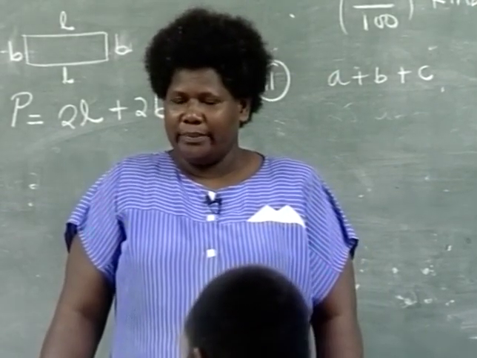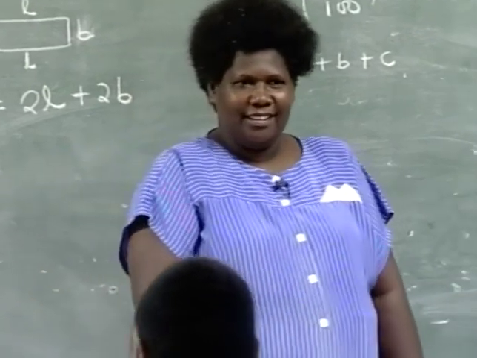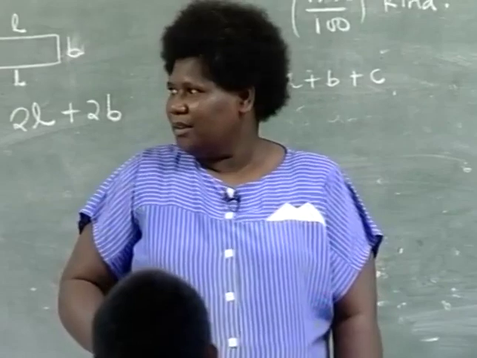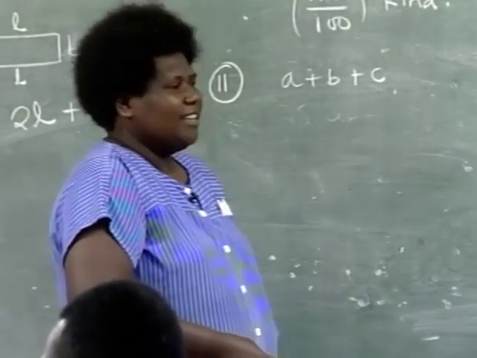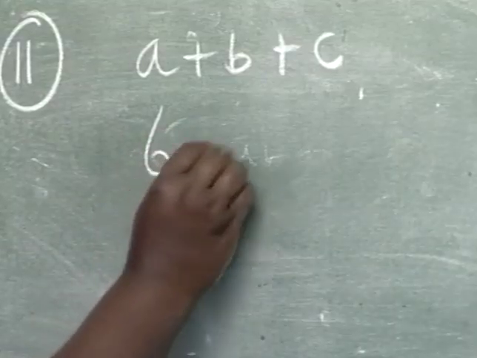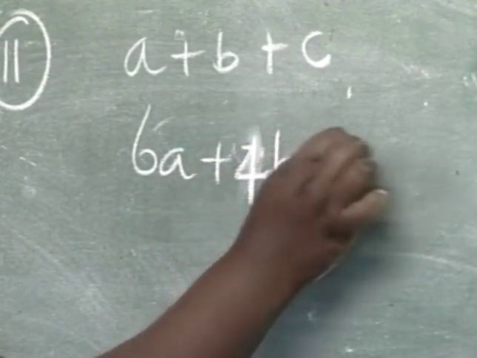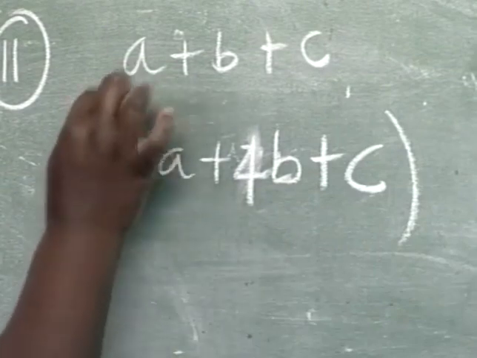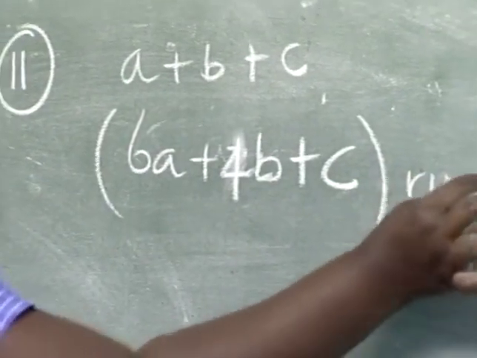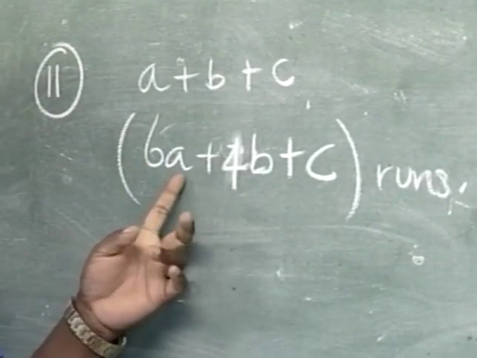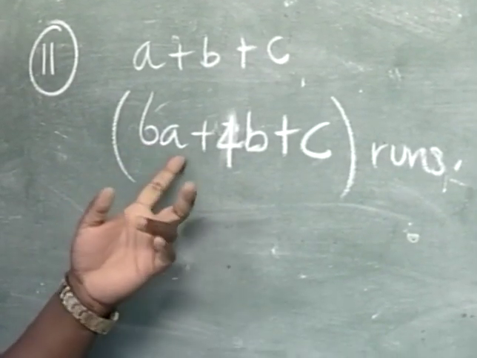I don't play cricket, but I know what the answer will be. We decided to just change the answer. Okay, let him change it. 6A plus 4B plus C. That's better. If he hits 2 sixes, then it will be 6 times 2.